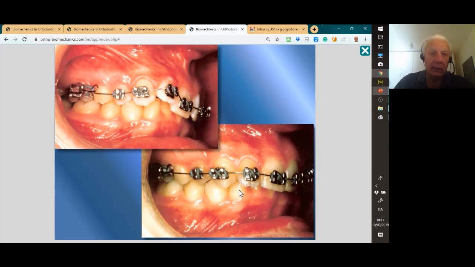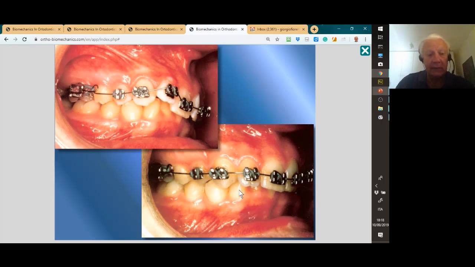And this colleague was very happy to see this condition and see that after some time, I have no idea of the time that passed between these two pictures, he was very happy to see that we have an alignment.